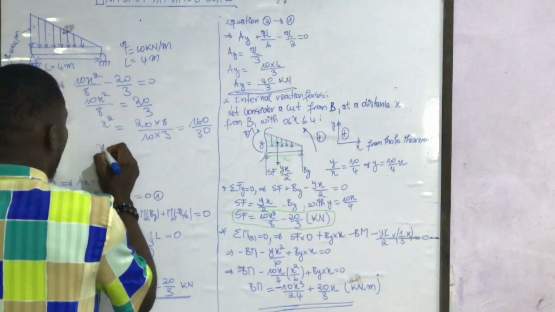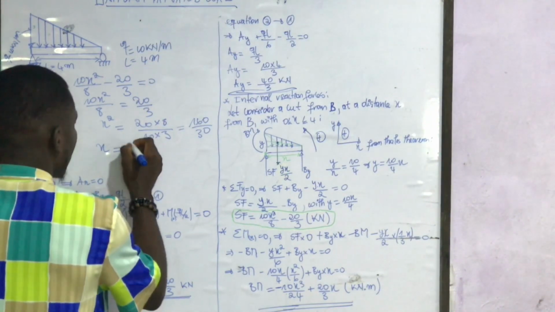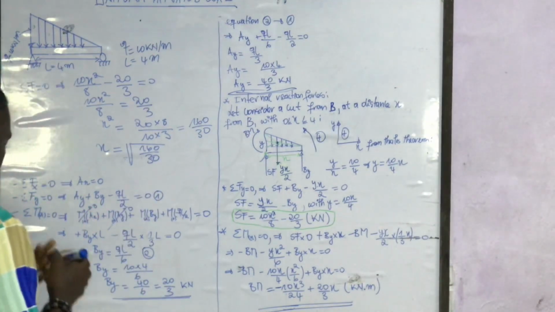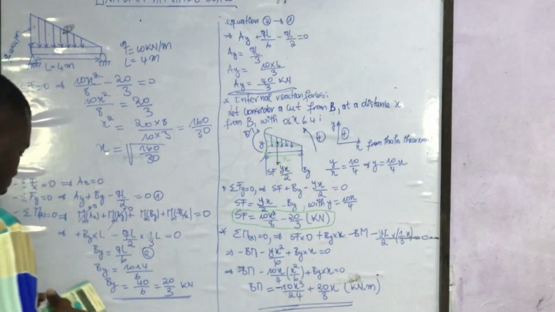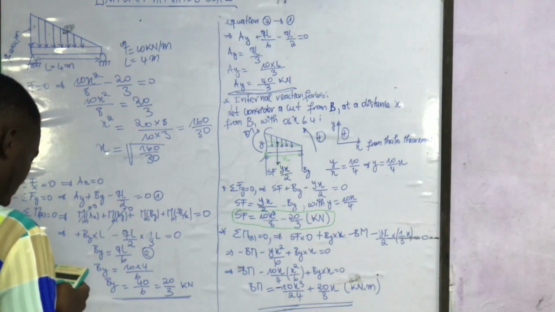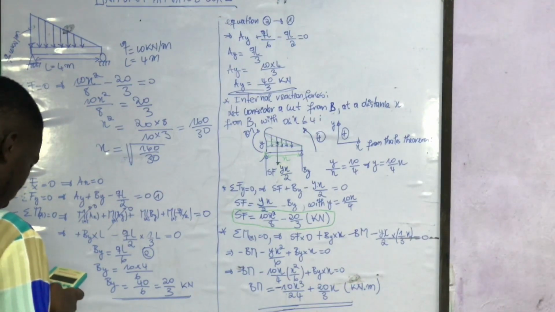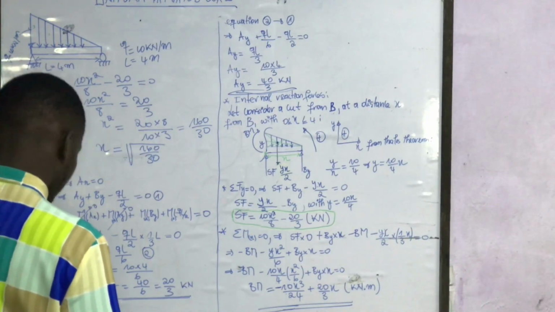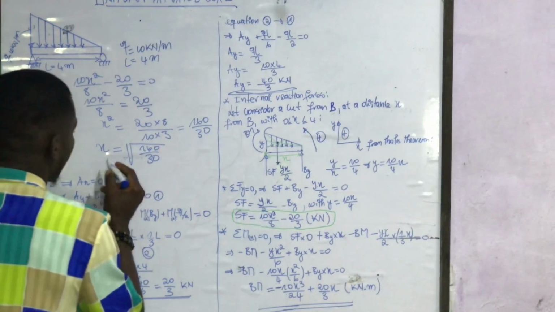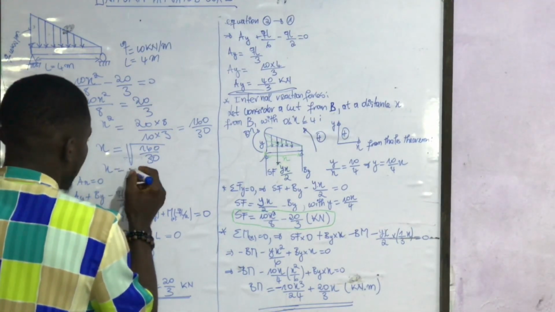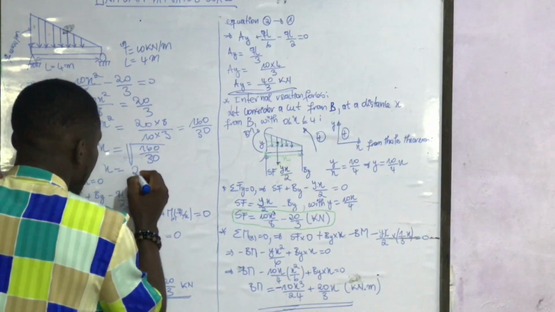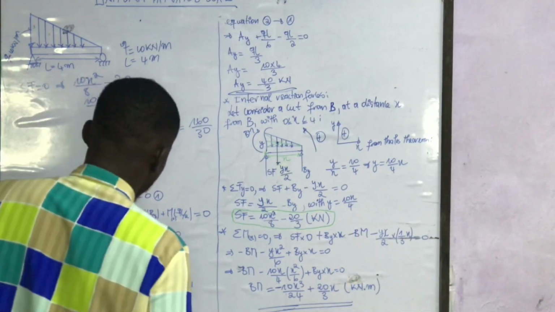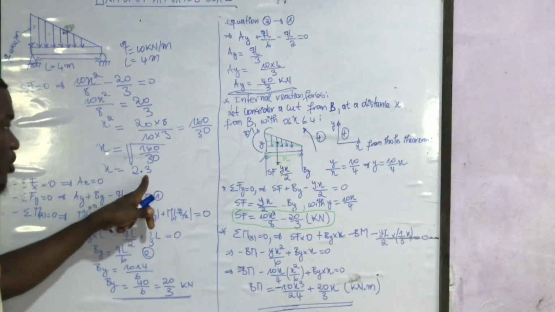So x will finally be equal to the square root of 160 over 30, divided by 20, square root. So we'll have our x equal to 2.3. Okay, so 2.3 is the point where we have the maximum bending moment.